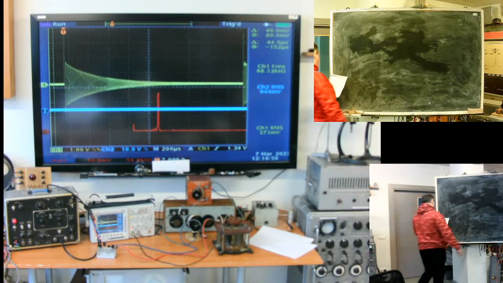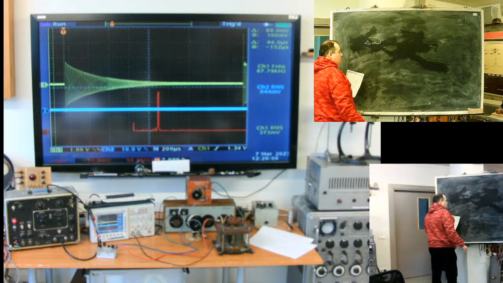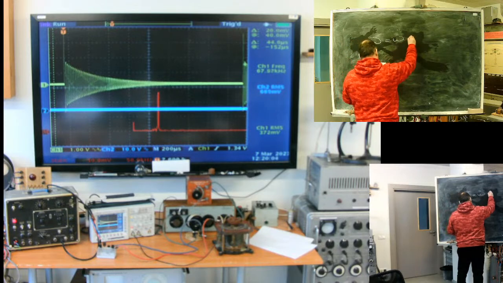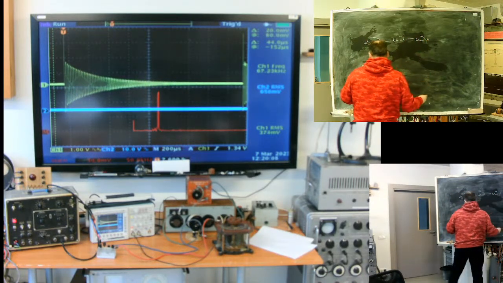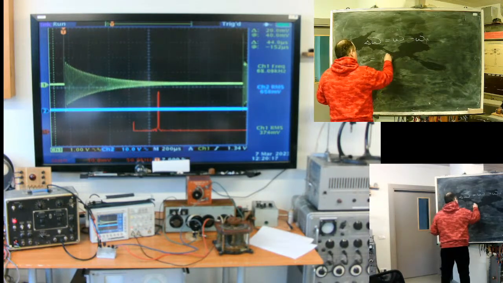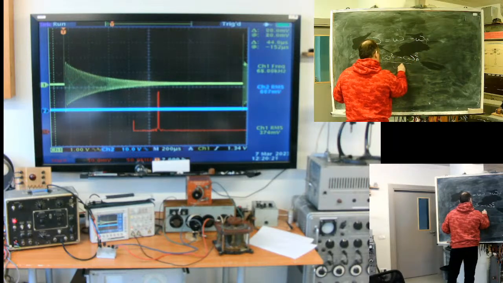For analysis, often used is the relative frequency shift, the simple frequency shift omega minus omega 0, or the relative frequency shift, divided by omega 0.